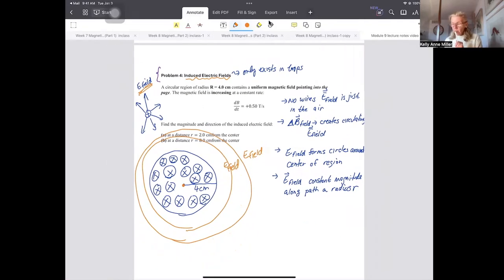Okay. So how do we calculate? We want to find the magnitude and the direction of the induced electric field at a distance of 2 centimeters from the center and 8 centimeters from the center.